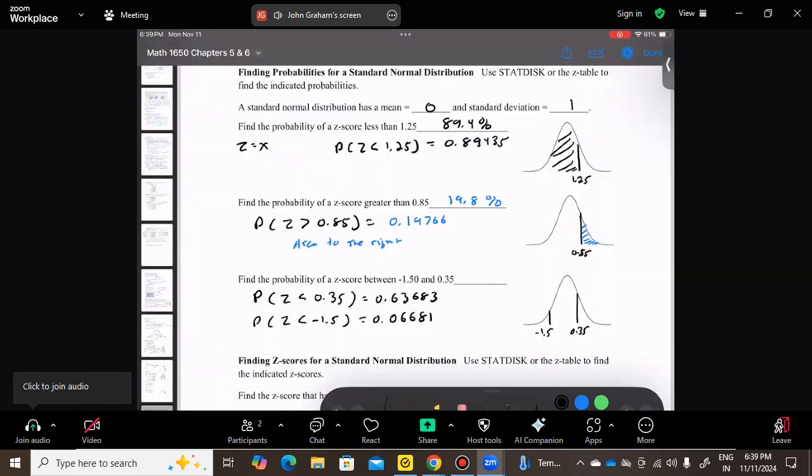So when we subtract, we'll get 0.57002. I don't like how that's written. We're subtracting the two. Let's do that. Subtract. And so we have about 57%, and that is this area in between.